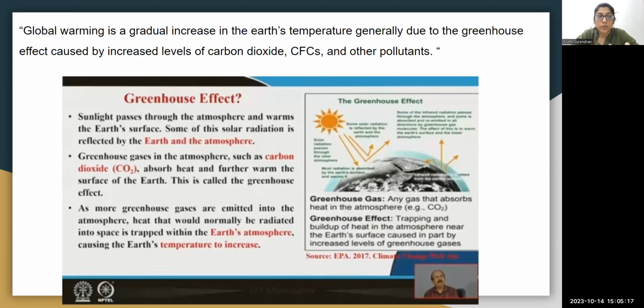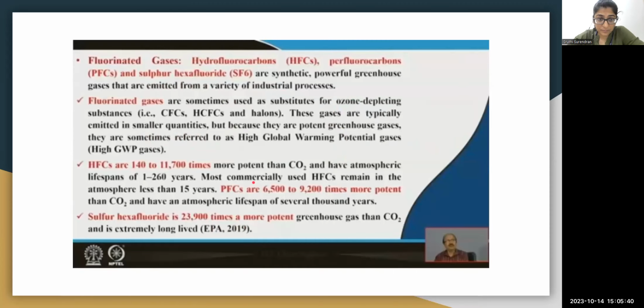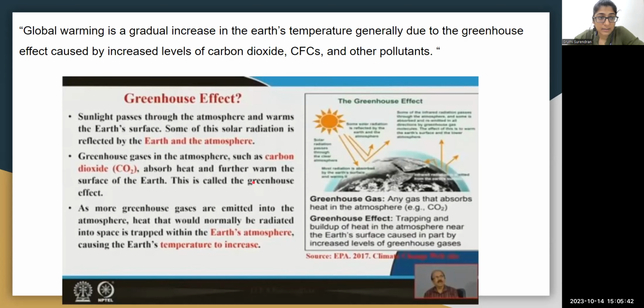Now, global warming we saw is caused by the greenhouse effect when an excessive amount of the greenhouse gases results in this increase in temperature. Some of the very common greenhouse gases are carbon dioxide, water vapor, methane, nitrous oxide, and chlorofluorocarbons. So this diagram here shows the greenhouse effect.